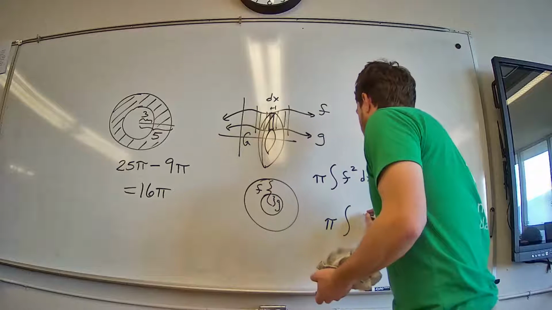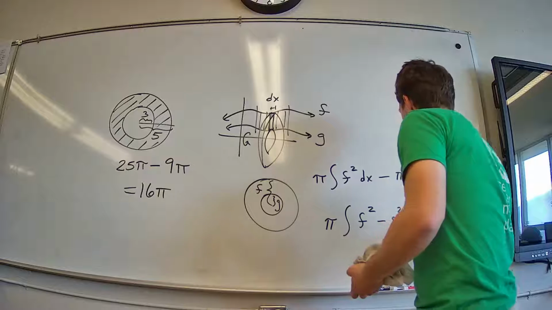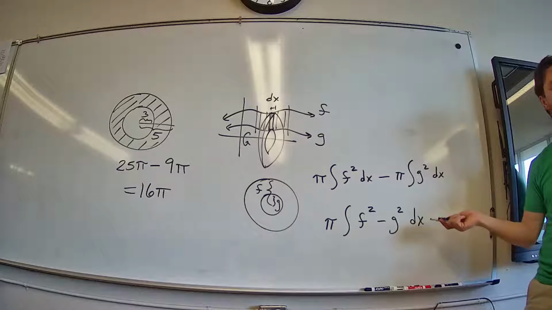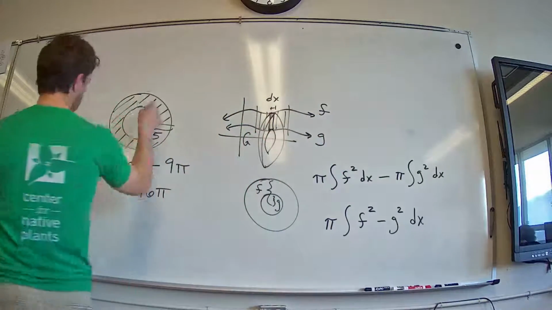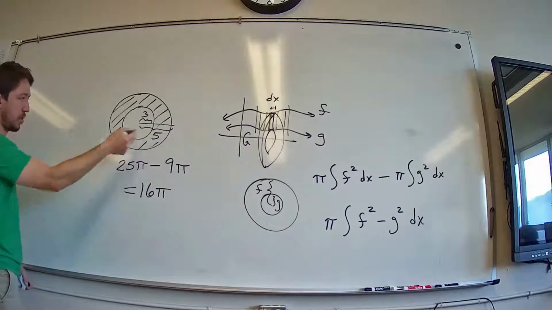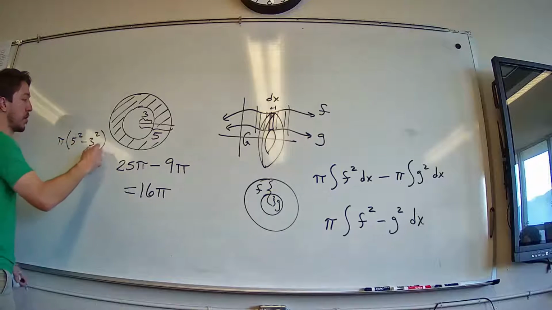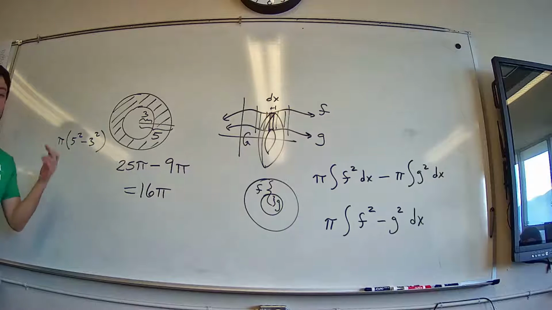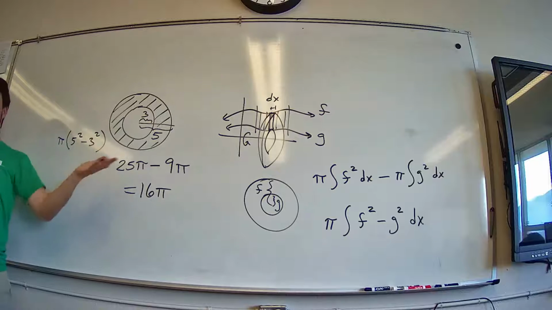This is sort of the big idea I wanted to get across. Like, what's the area of this circle? Well, it's pi times 5 squared minus 3 squared. So the big idea is you square them, then you subtract them. You don't subtract them, then you square them. Make sense?